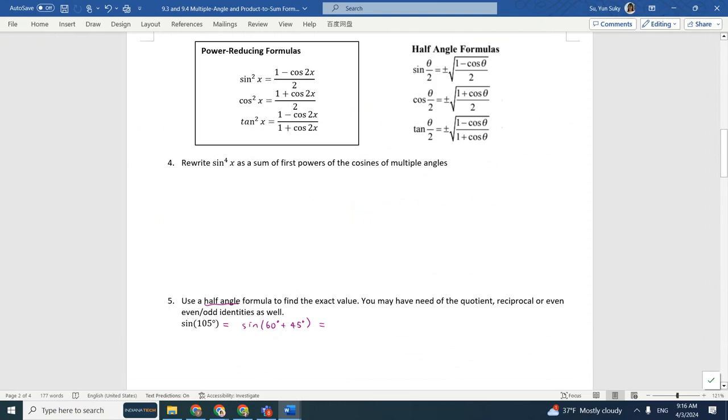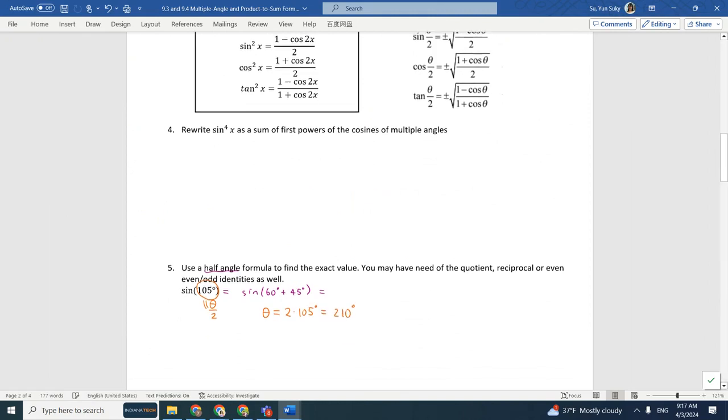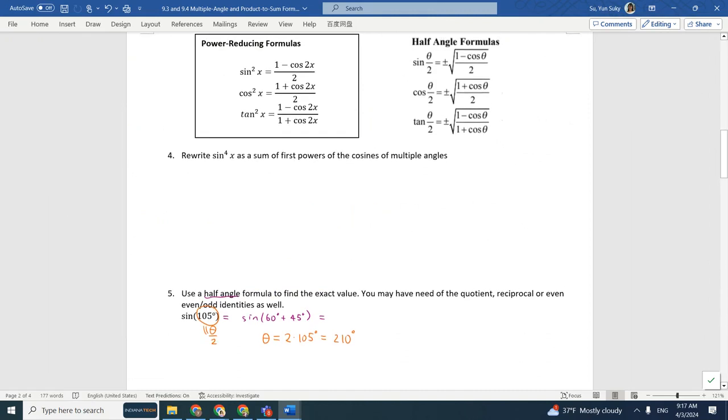So 105 degrees, let's say this is theta over 2. If this is theta over 2, what is theta? We need to double it, right? So theta is 2 times 105 degrees, which is 210 degrees.